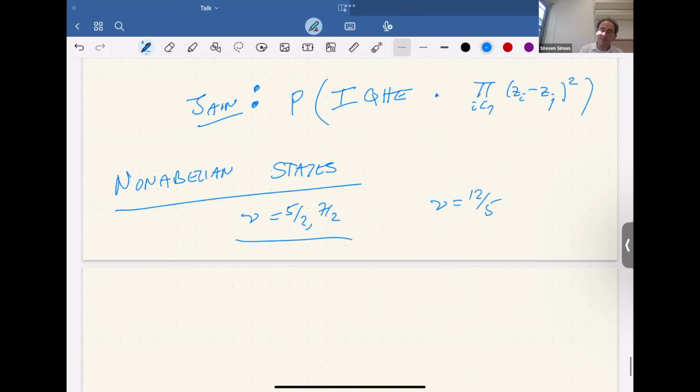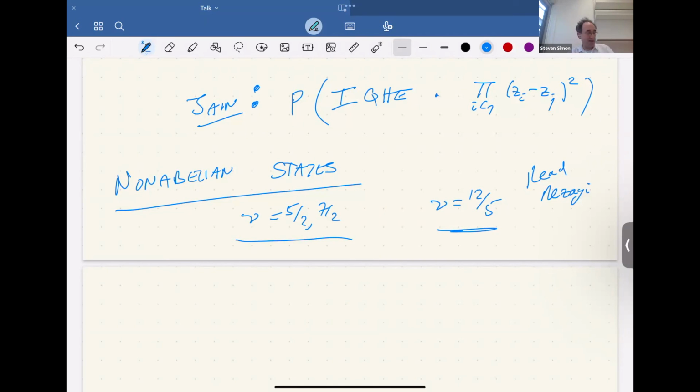The 5/2 states are sort of unique in having even denominators. The nu equals 12/5 state is thought to be a so-called Read-Rezayi non-abelian state. So there are a couple of exceptions.